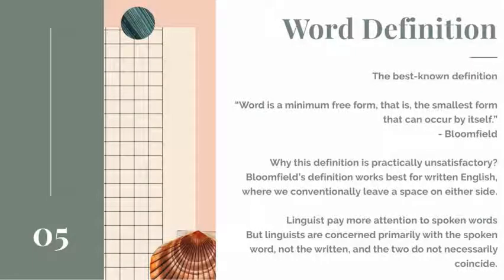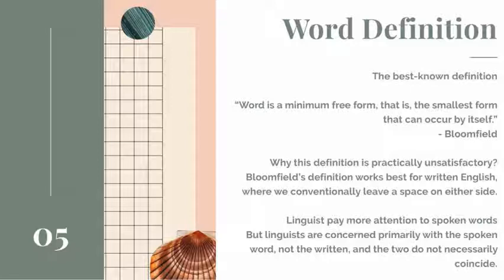Let's see the best known definition of words. Bloomfield defined a word as a minimum free form. This definition was proposed by the American linguist Bloomfield. It means that a word is the smallest form that can occur by itself. But why is this definition practically unsatisfactory?